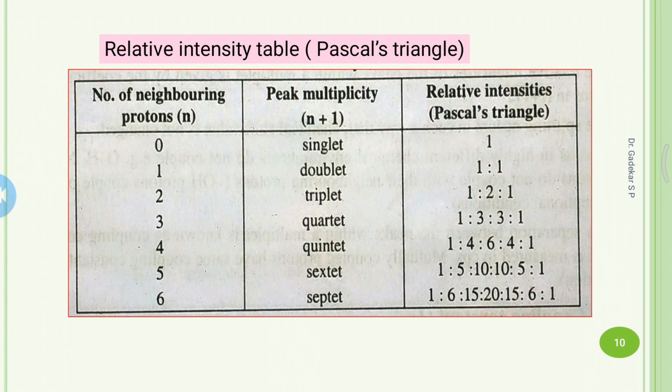If neighboring protons N equals 1, then N plus 1 gives a doublet and the relative intensity ratio is 1:1. If neighboring protons are 2, then N plus 1 gives a triplet and the relative intensity is 1:2:1. Similarly for the others.